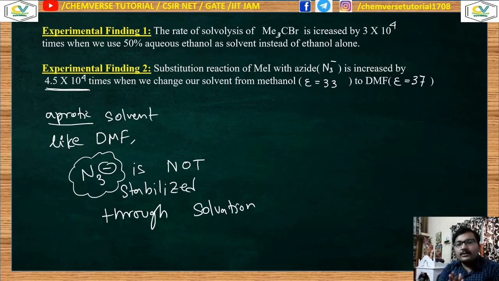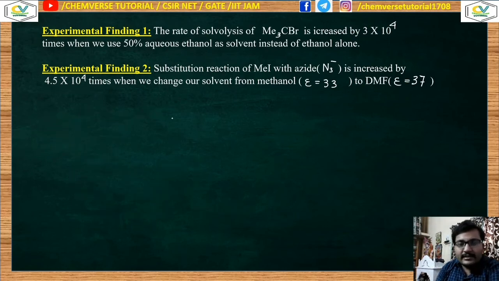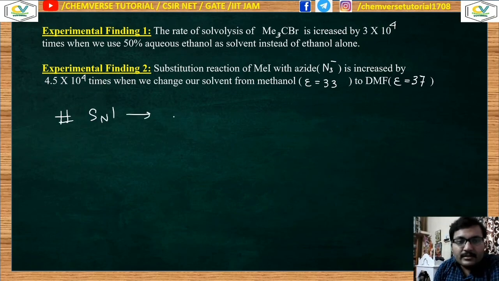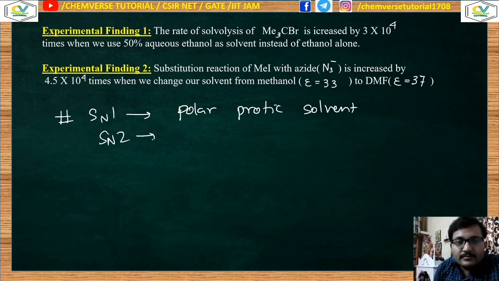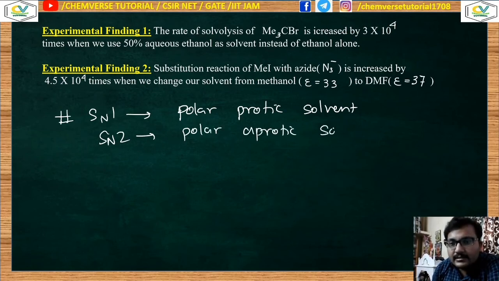Now if I summarize, the main important thing we have learned is that SN1 is favorable in polar protic solvent, and SN2 is favorable in polar aprotic solvent.